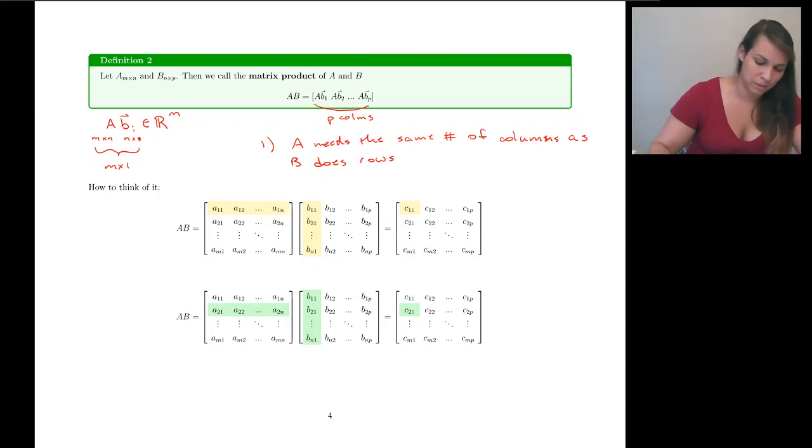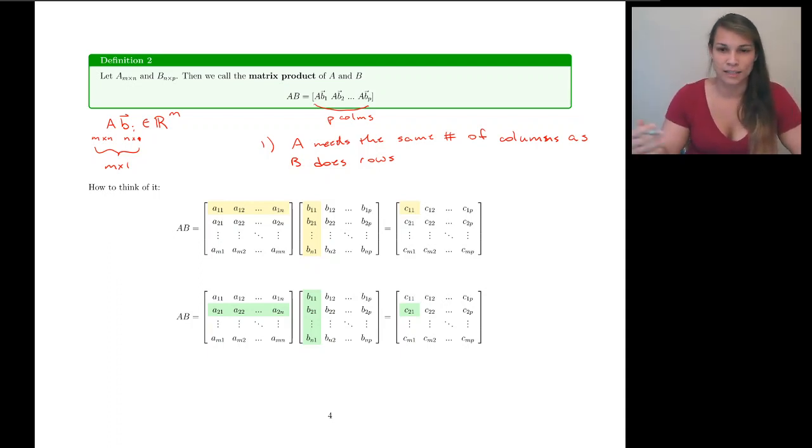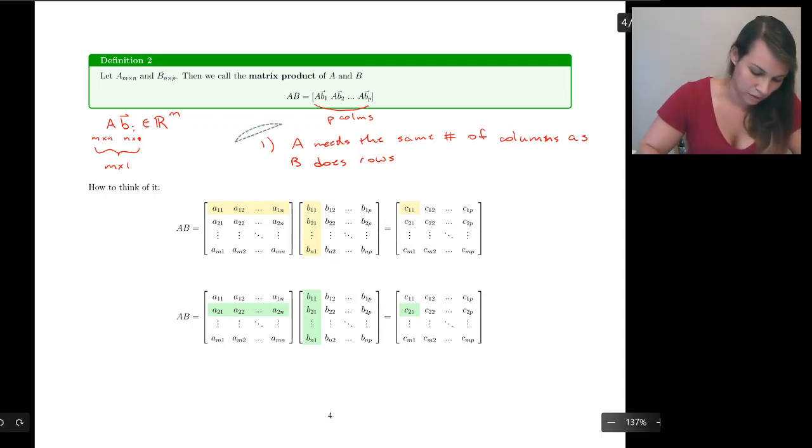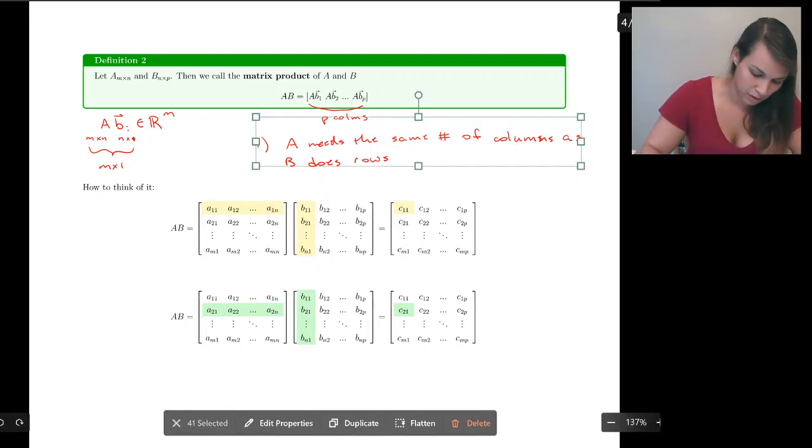Okay, so that's number one. The reason for that is the exact same reason we needed the same number of entries in a vector as we did columns in A. Okay, so that one shouldn't be a shocker.